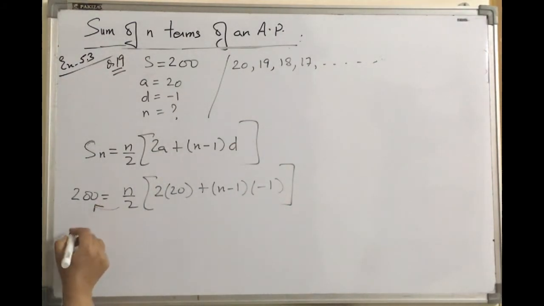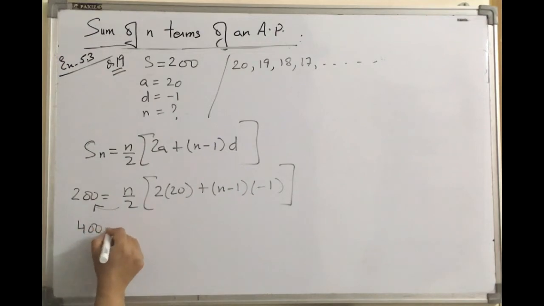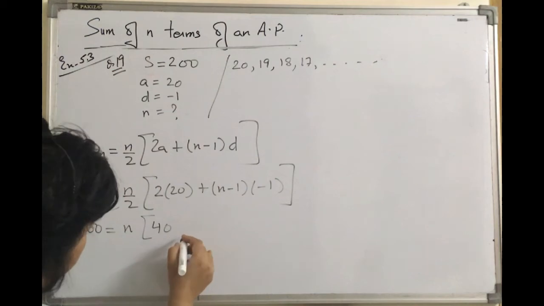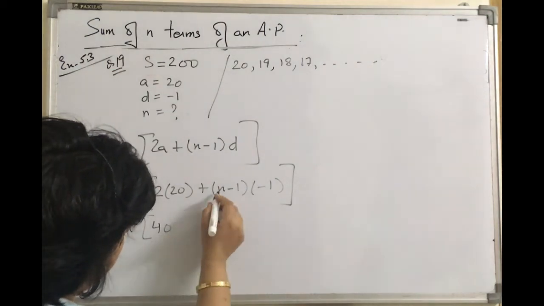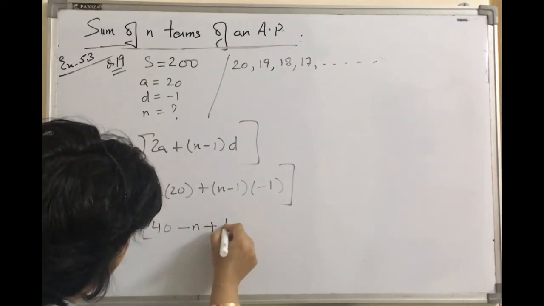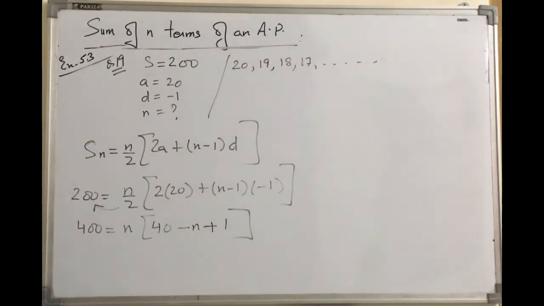This 2 goes here, so it becomes 400 is equal to n. This becomes 40. Then we have n into minus 1, we get minus n plus 1. Clear?